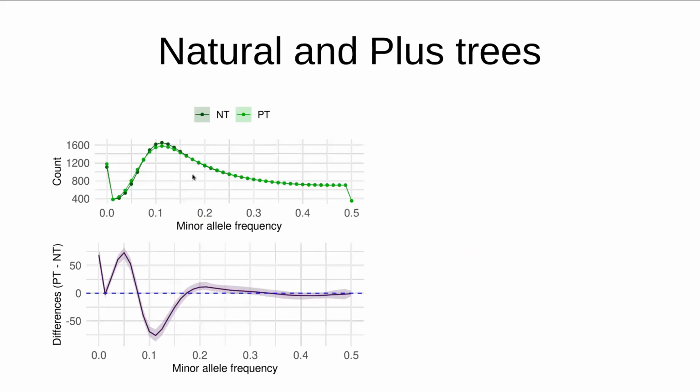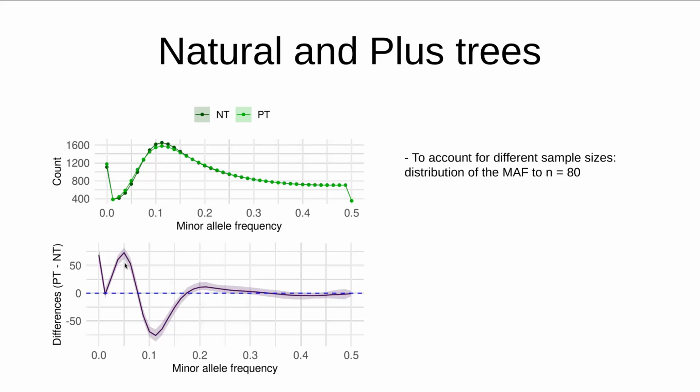To describe first the plot, on the top you see the plot of the count of SNPs at different minor allele frequencies. The distribution starts at 0, which corresponds to alleles fixed in the population. There are two distributions here, one for the natural population in dark green and one for the plus tree populations in the lighter shade of green. On the bottom plot, you see the difference between the two distributions.